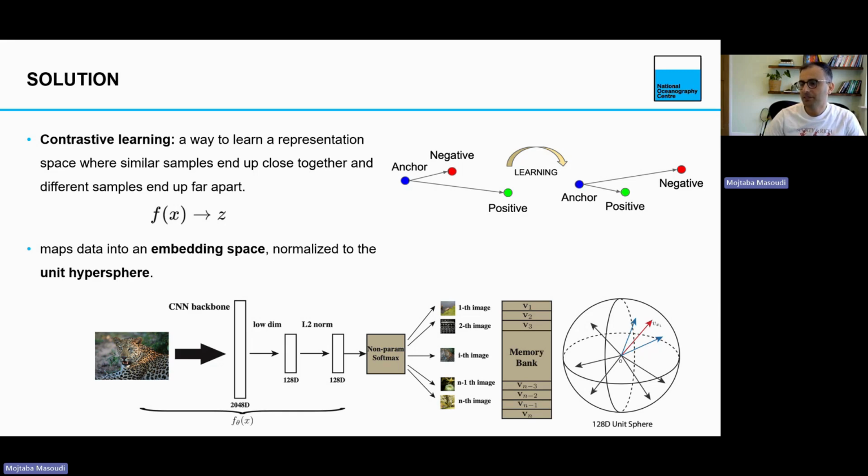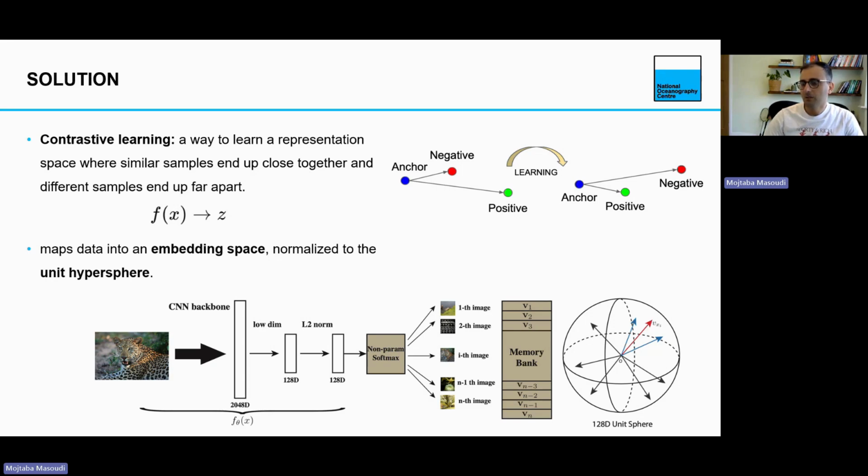After the training, augmented views of the same image have the same direction, and different images have different directions. In this concept, we map data onto a hypersphere, a unit hypersphere.